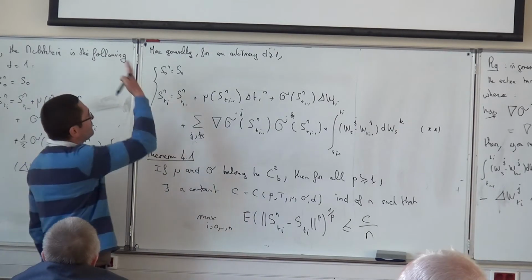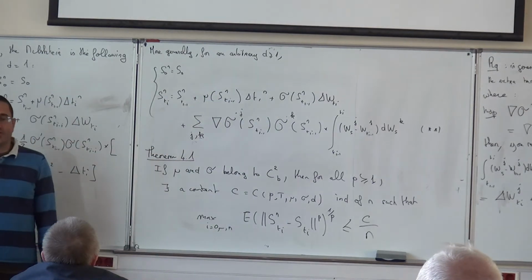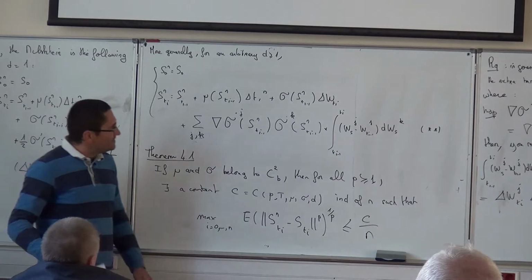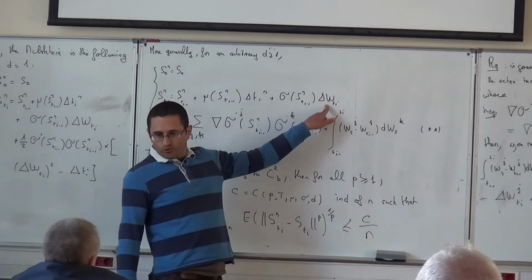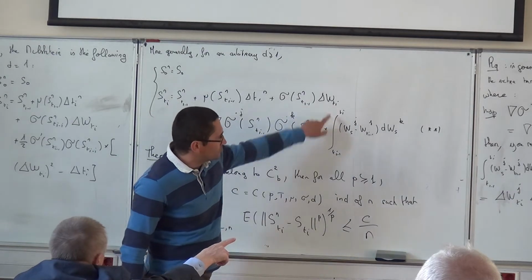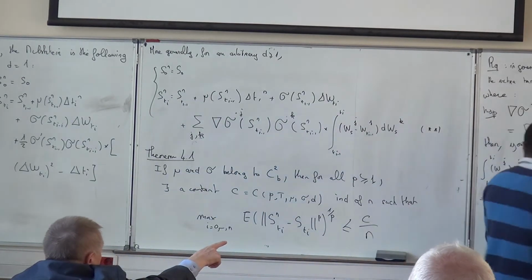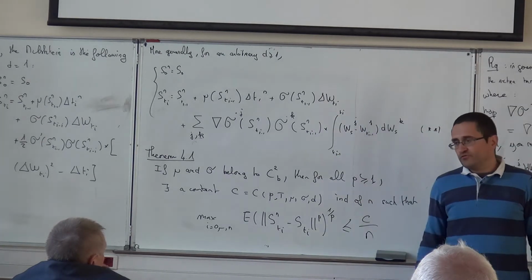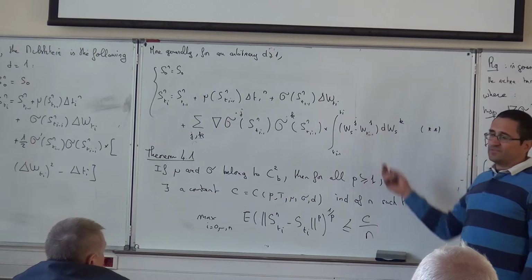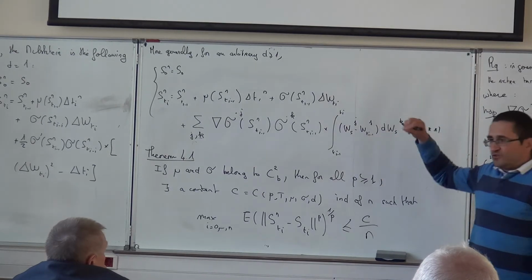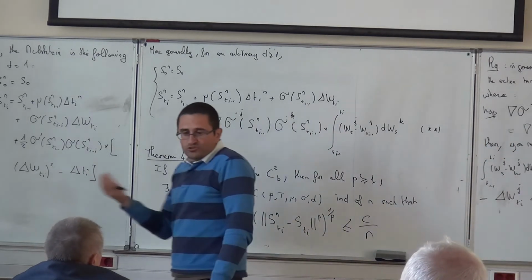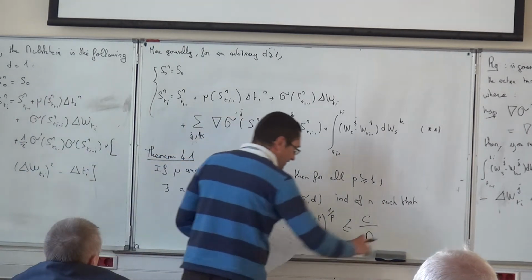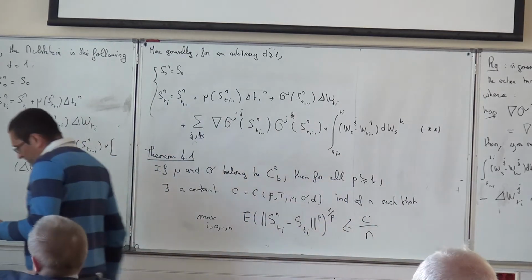Once you have such a scheme, the only thing you need to do is to simulate independent increments of the Brownian motions at the discrete times t_i, that is, in other words, independent Gaussian distributions. Exactly. So this is the interest of the method.